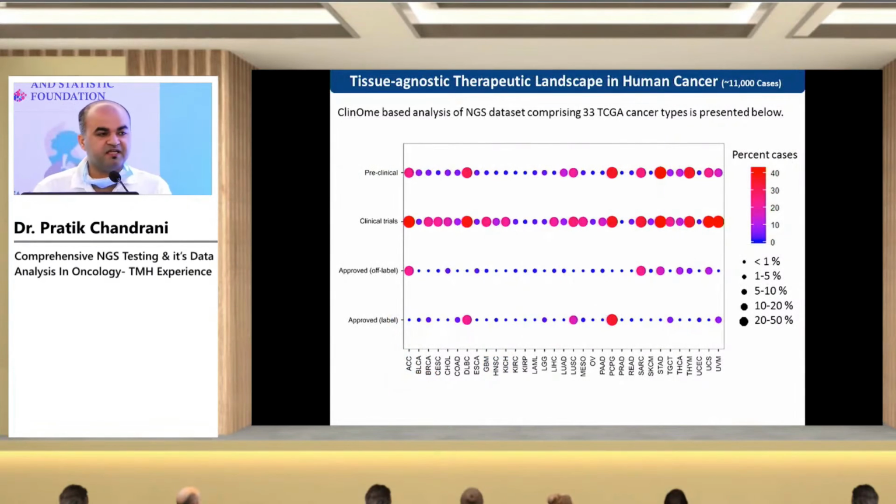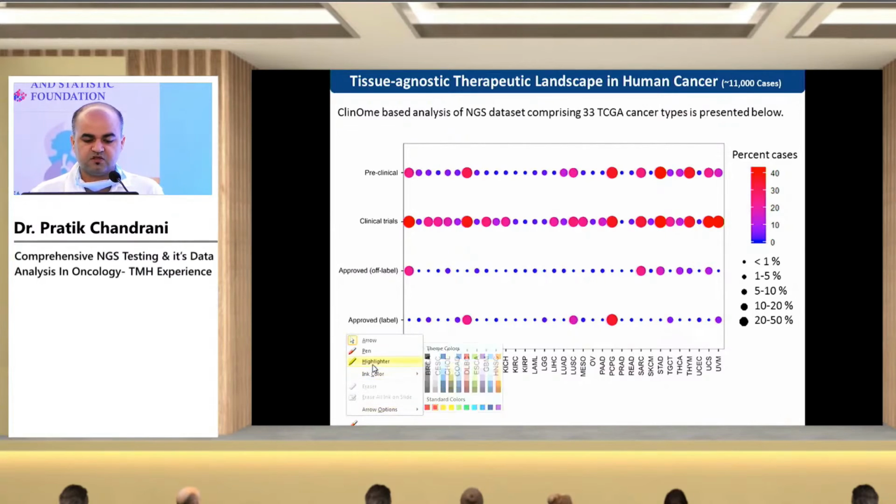To validate the findings of CLINO, we have analyzed 11,000 patient samples from TCGA. And what we have observed is that roughly about 10% on average are attributable to approved therapeutics, as can be seen here. And in a few of the cancer types, we can see that this percentage goes as high as 70%.